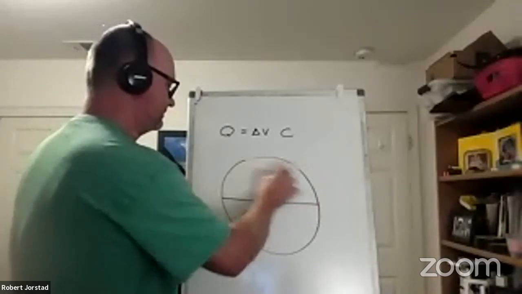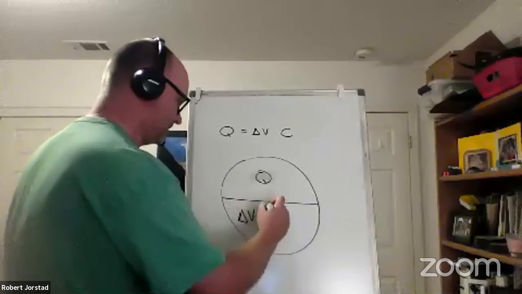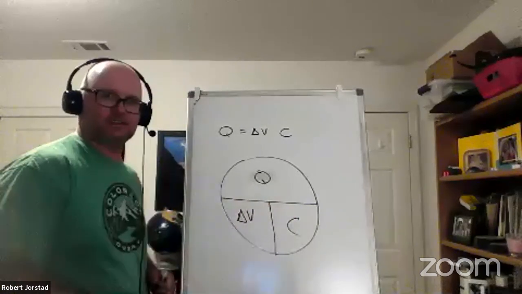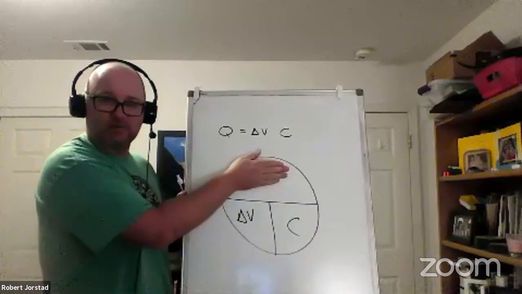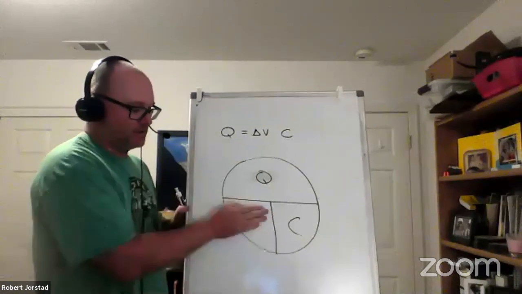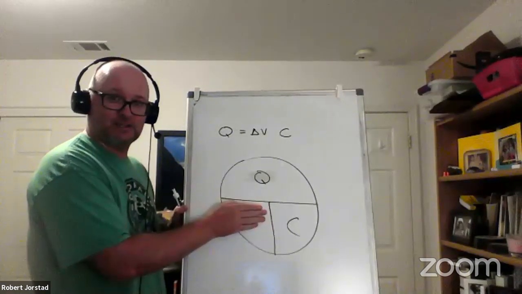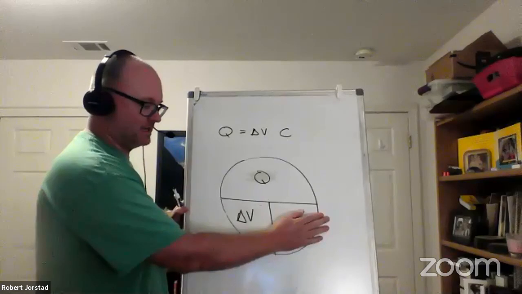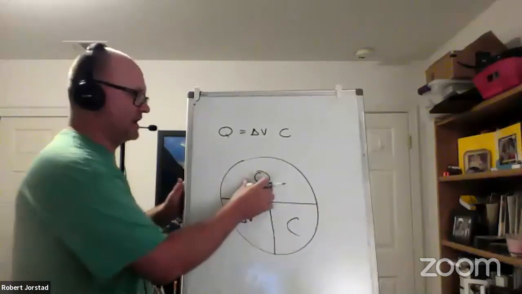Q. If you're trying to solve for charge, it's going to be VC. If you're trying to solve for voltage, you put your hand over it, it's Q over C. Do you see that? Q over C. And if I'm trying to solve for C, it would be Q over delta V.